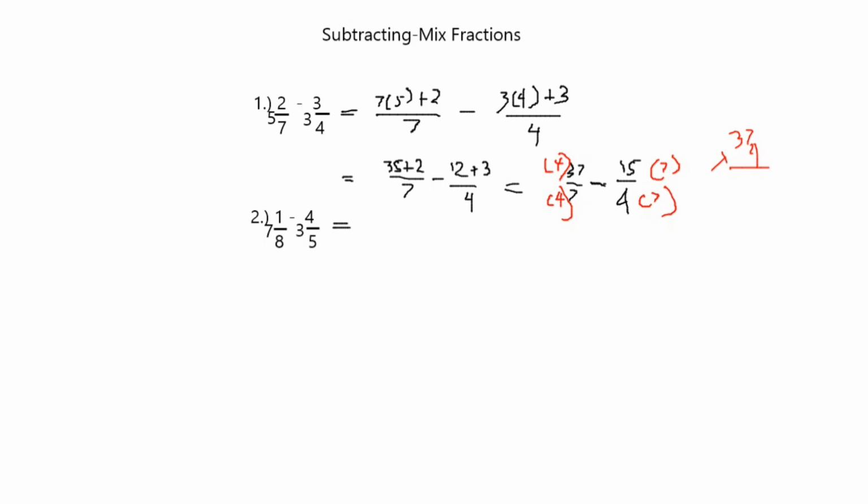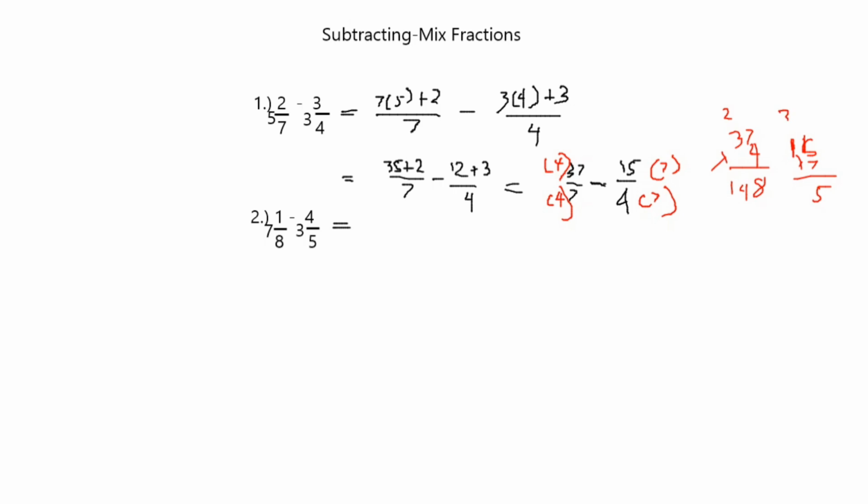So let's rewrite it here. 37 times 4, 7, 14, 21, 28. Then 15 times 7. So I'll just write it. 4 times 3, 12. And 14, there you go. And just doing the quick math here.